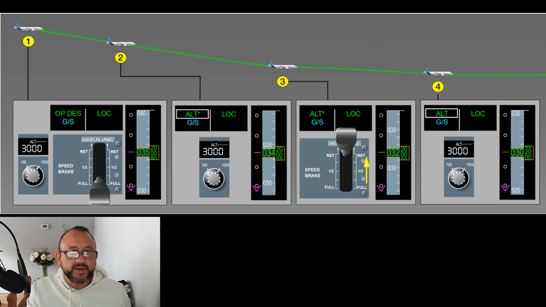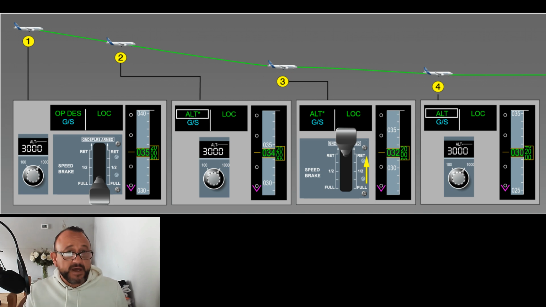point 2 in this figure, at approximately 3,400 feet, ALT* mode engaged. They've just come down, and 3,000 feet was selected on the FCU. They're in open descent now to intercept from above or to get down to that cleared altitude. But at about 3,400 feet, some way before 3,000 feet, ALT* mode engaged, as you would expect it to with this setting.